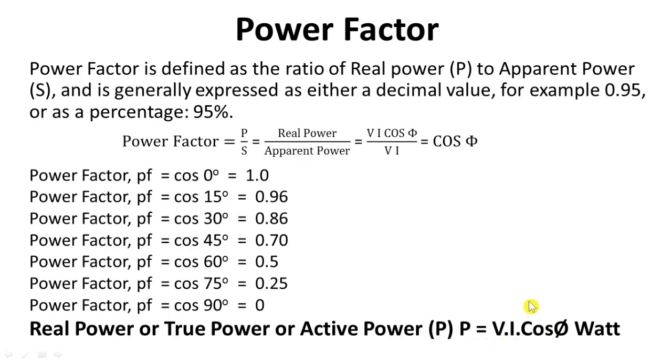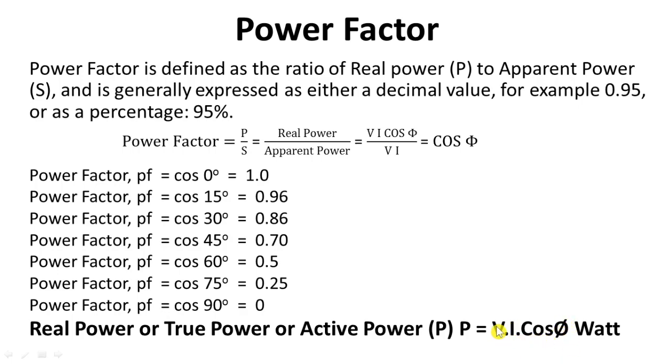Then real power, or true power, or active power, has the formula P equal to VI cos phi. Now this cos phi is the power factor.